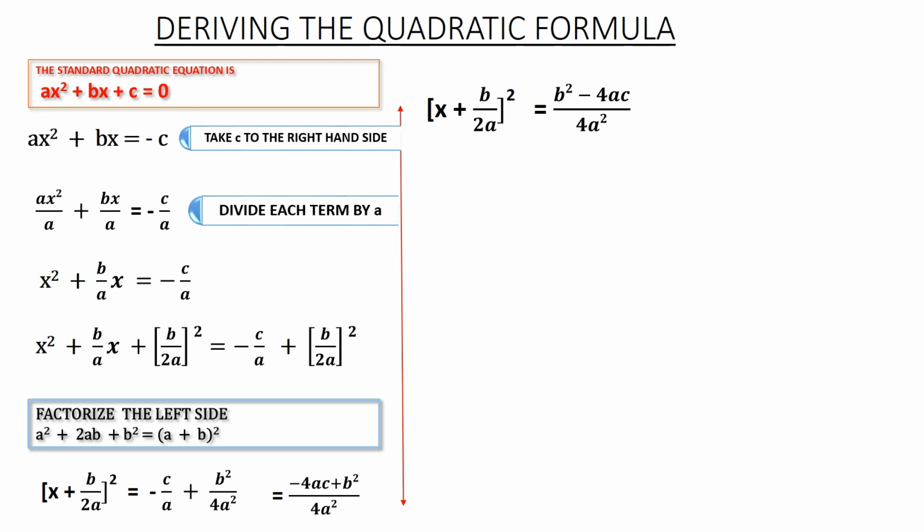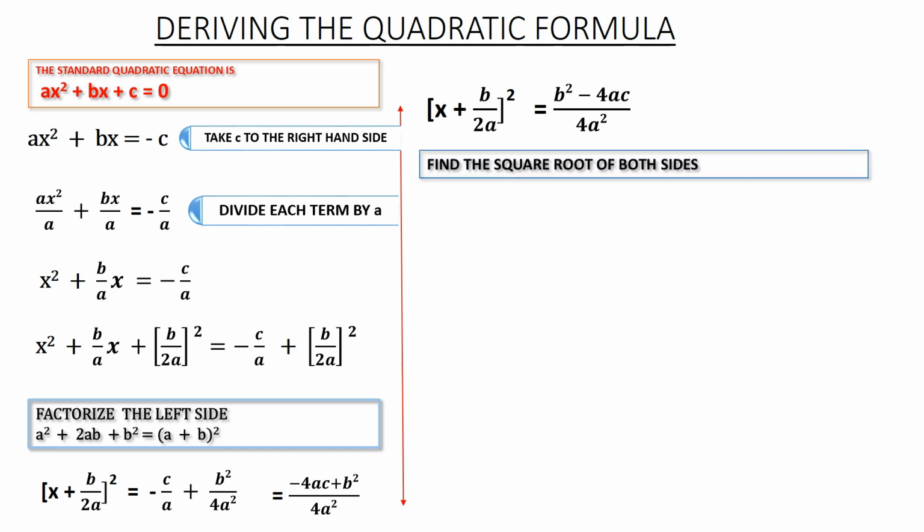Now the next thing is we're going to find the square root of both sides. So the left hand side is going to be x plus b over 2a, while the right hand side is going to be plus or minus the square root of b squared minus 4ac in the numerator, over the square root of 4a squared. And after that, if I look at the denominator of 4a squared, I can actually get just 2a.